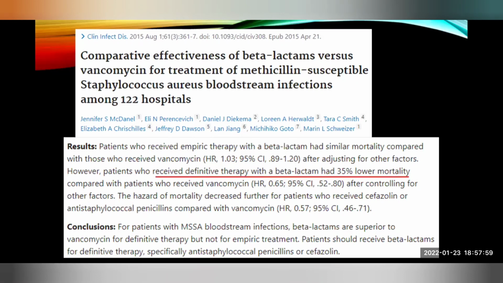The patients receiving beta-lactam had 35% lower mortality when compared to patients who received vancomycin. So there is a mortality benefit if you give beta-lactam, and extra mortality if you give vancomycin in treatment of MSSA.